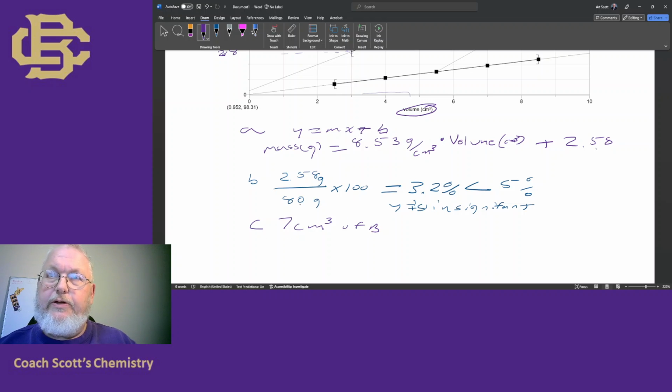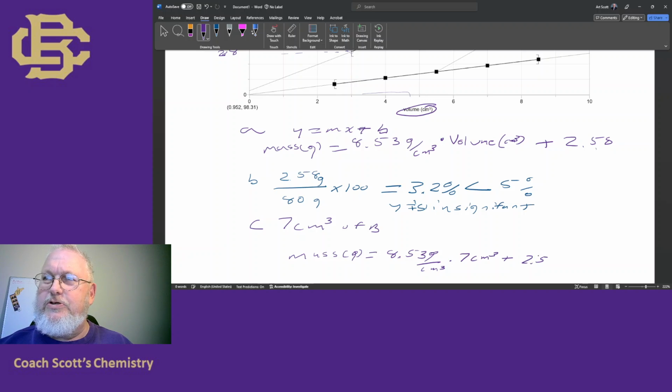Okay, so I can do a couple things. I can count that 2.58 or not. I'm going to. So I'm looking for the mass in grams. And I've got a formula: 8.53 times my y, grams per cubic centimeter. I like seeing units. And my y is 7 cubic centimeters, plus my y-intercept, 2.58.